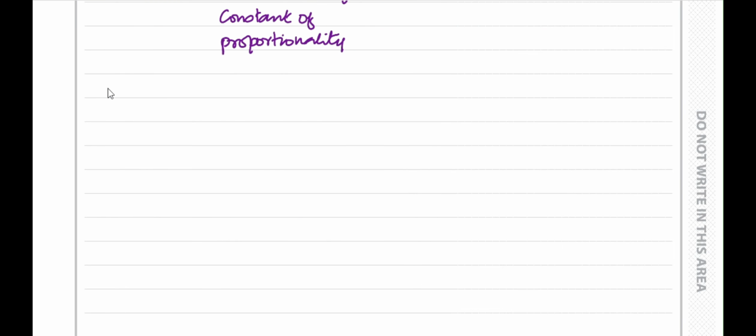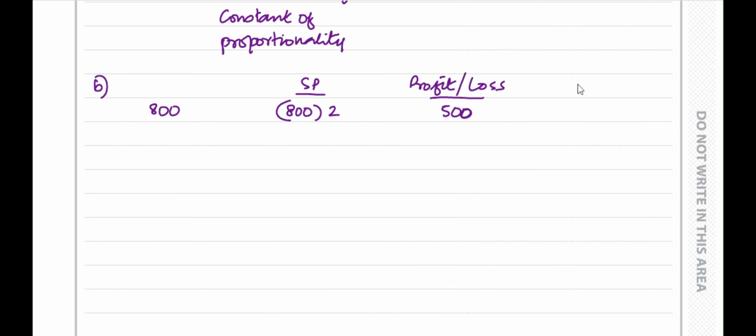So let's list down the bits of information that we have. When 800 bars of soap are made and sold, what will be the selling price? That will be 800 times 2. And then what is the profit? Let's write profit slash loss here, and that is going to be £500. From there we can figure out the cost price.